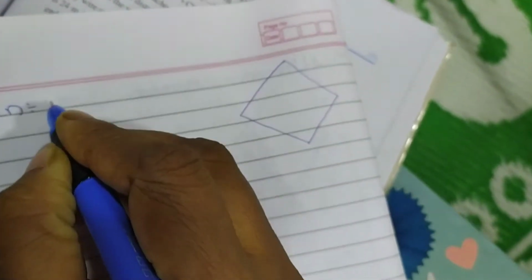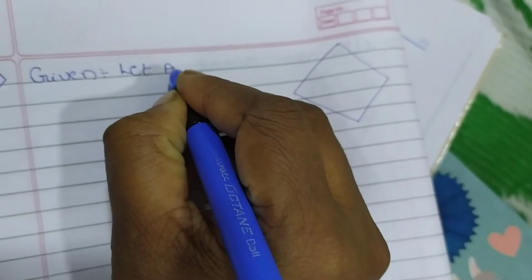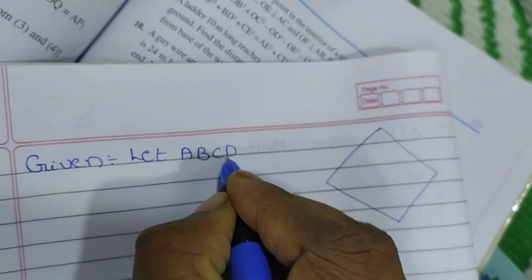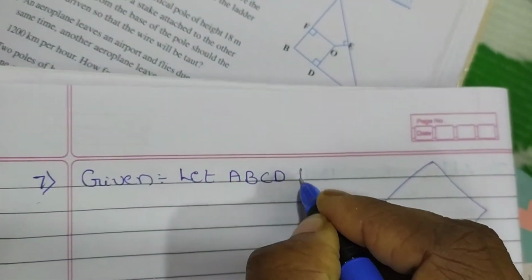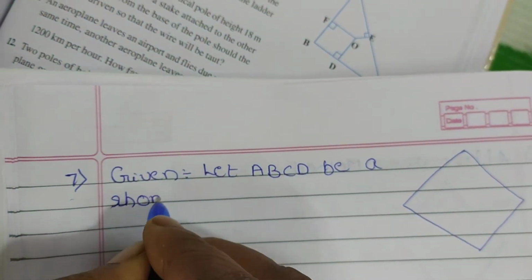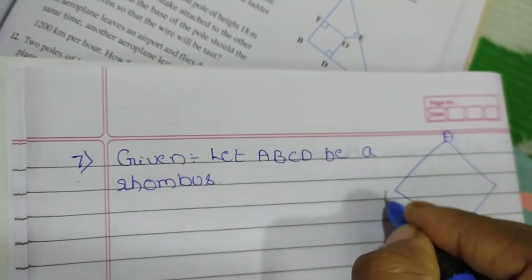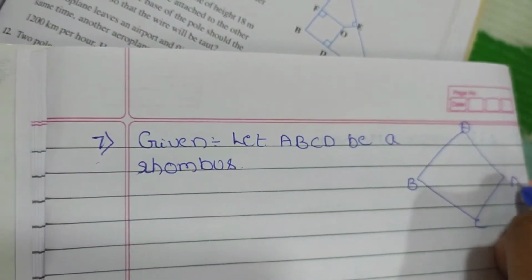Given, we will write that let ABCD be a rhombus. Since it is a rhombus, we know that all the sides of the rhombus will be equal.